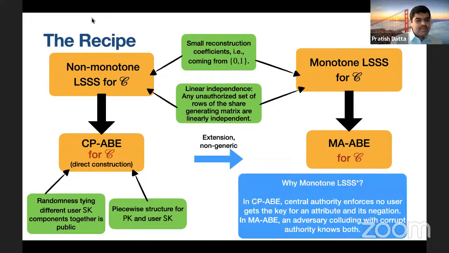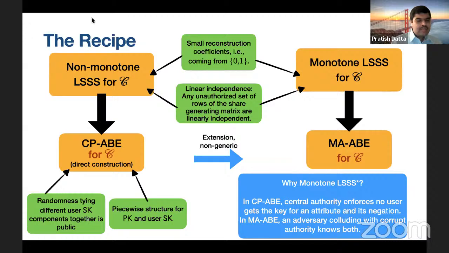The reason that we had to use a monotone LSSS in this case, and a non-monotone LSSS does not suffice, is roughly the fact that in case of a CPABE, there is a central authority that can enforce that the user can only get a key for an attribute or for its negation. However, in case of MAABE, an adversary colluding with corrupt authorities can get both, and thus can easily break the security of LSSS and hence the security of MAABE.